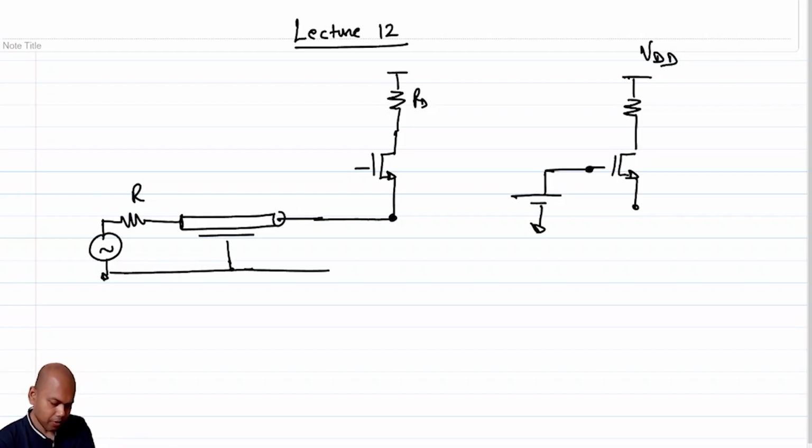What else? What about the source side? Note that I cannot really ground the source because it has to go into the transmission line end. If I only consider the transmission line end, what is the quiescent voltage at this point?